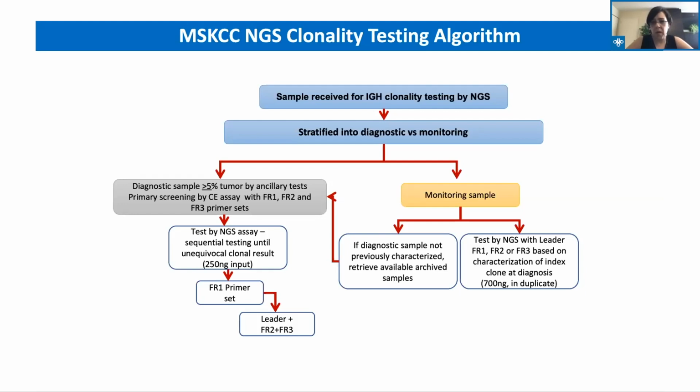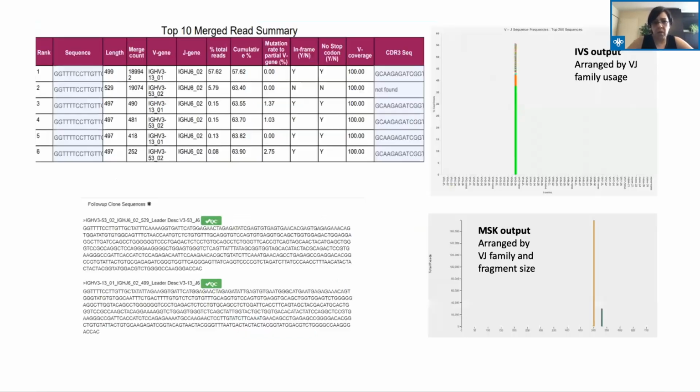When we do the monitoring samples, we usually do them with a much higher input than we would for our characterization samples, and we do them at least in duplicate, depending on the amount of disease that they have.